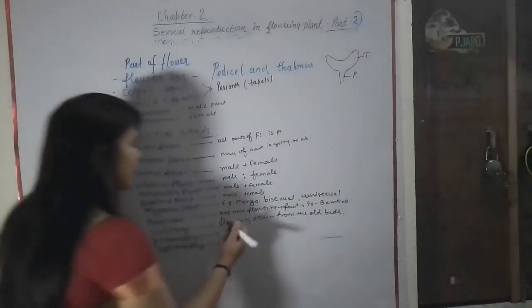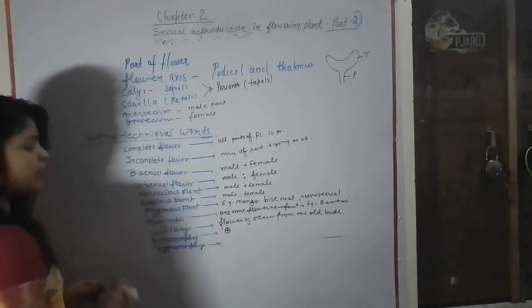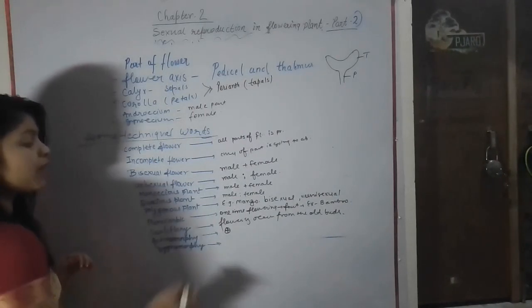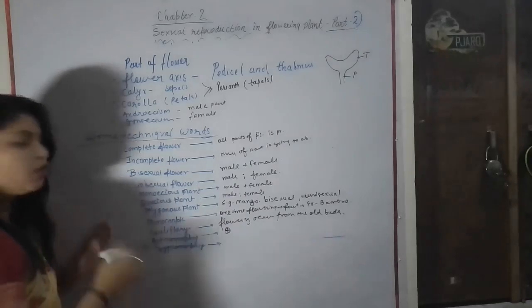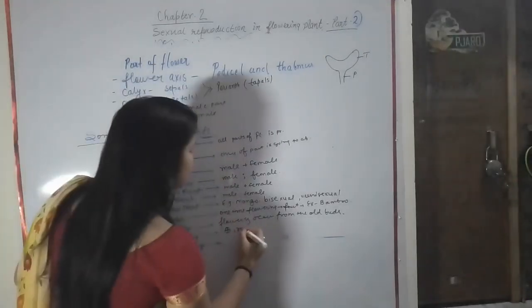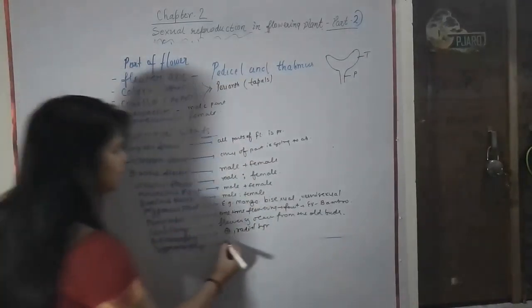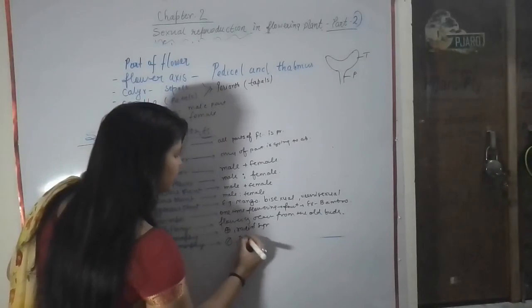Actinomorphic condition, zygomorphic condition. You know actinomorphic is the condition where we cut or divide the flower by using the vertical and horizontal plane and we get equal halves, or that is also known as radial symmetry. In case of zygomorphic, that is known as bilateral symmetry.